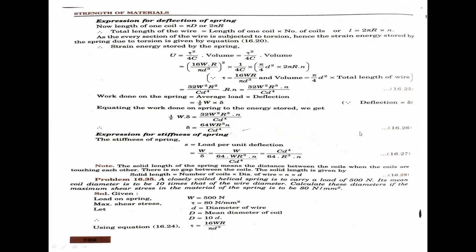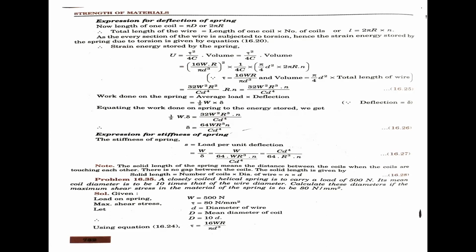Okay, next, the expression for deflection of spring. You have to calculate the deflection using this expression. Now, the length of one coil is equal to pi d or 2 pi r.